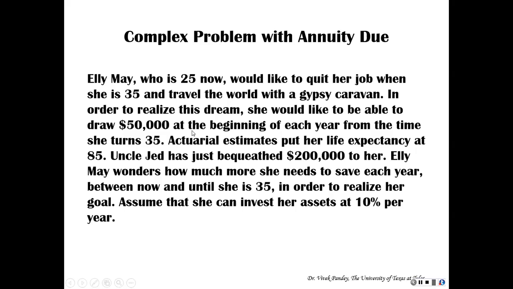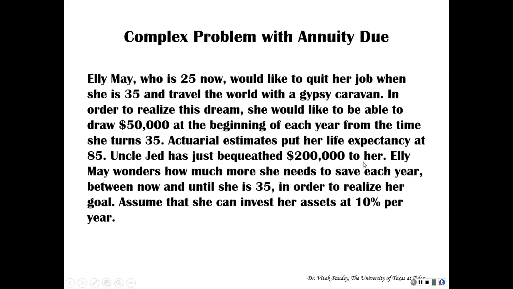She will need to withdraw $50,000 per year at the beginning of each year from the time she turns 35, and then she's expected to live till 85. She's planning for 50 years of being able to withdraw $50,000 per year, right?